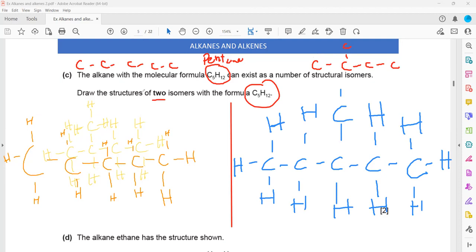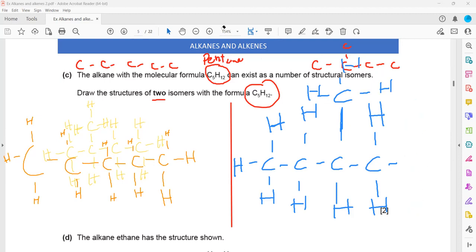Don't place a branch on the first carbon, a branch is always on the second one. Here, then you have to remove this carbon. If you are making this a branch, as there are five carbon atoms, just put hydrogen here.